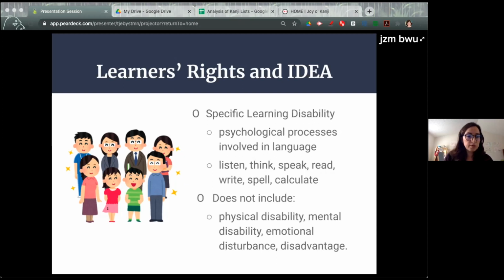So let me look at my notes and see what else I wanted to say there. A specific learning disability doesn't include anything that's primarily the result of a physical disability.